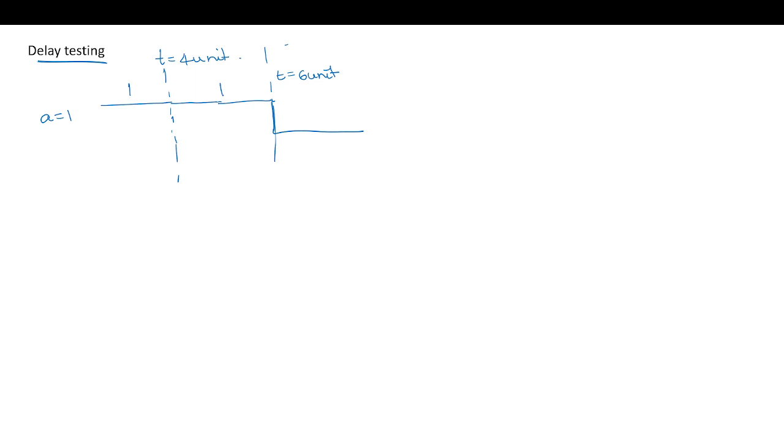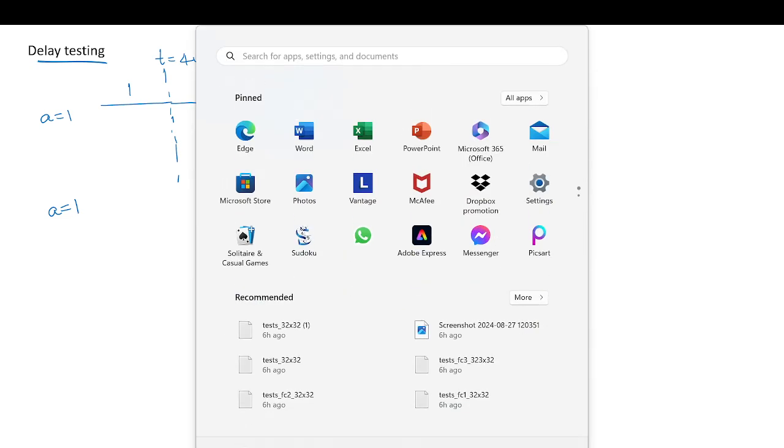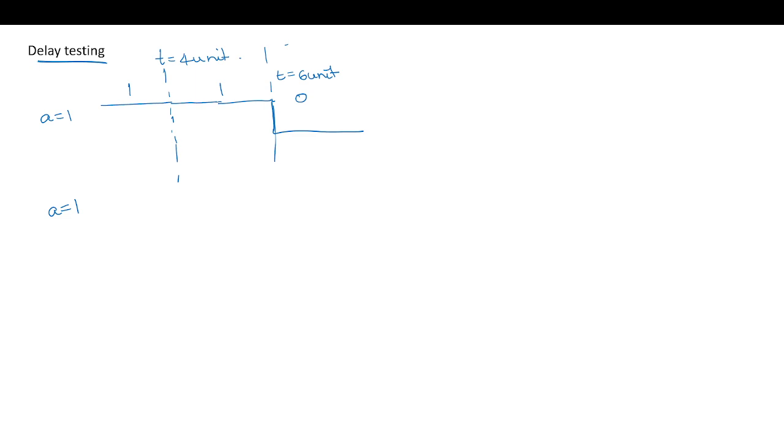So it's like 1, 1, 0. But because of some delay defect, the output is 1 for this unit and it remains at 1 and goes to 0 at this point. So with this delay, the functionality remains correct, but a delayed output is obtained.